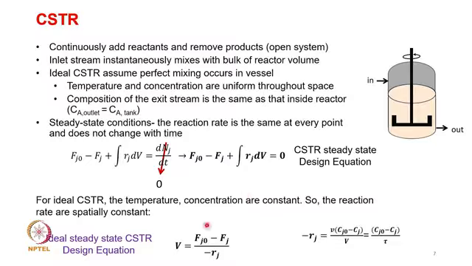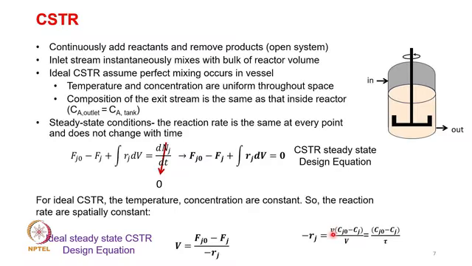We can also rewrite this as a function of minus Rj. Minus Rj would be Fj naught minus Fj, divided by V, which you could further replace in terms of the concentration of the species: the inlet concentration minus outlet concentration, assuming a common volumetric flow rate.